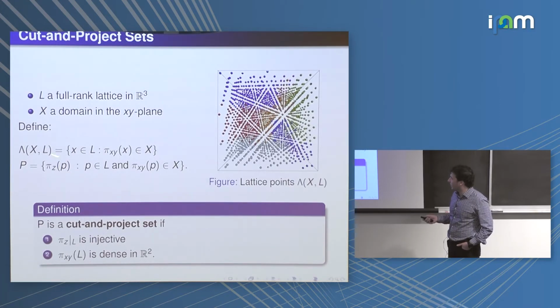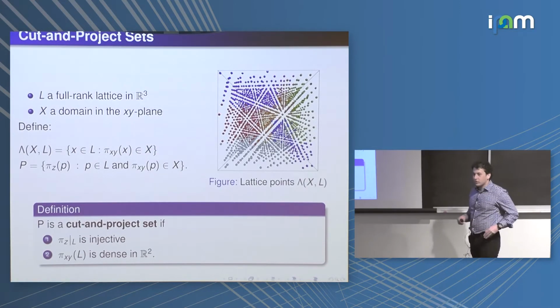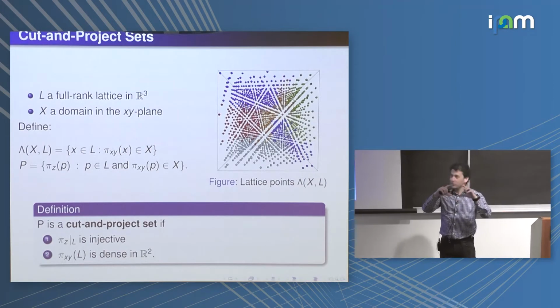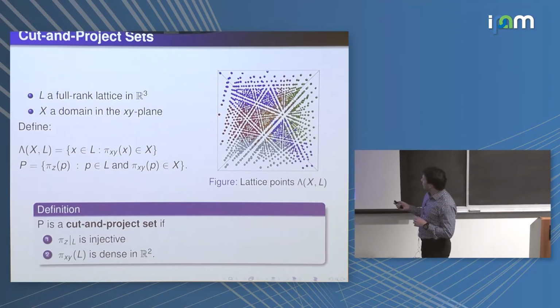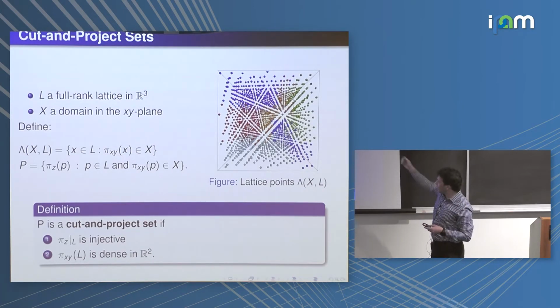Then lambda of X, L is going to be a set of lattice points which you can sort of see through your domain X. So that's what I've drawn here. You can imagine that X is a square sitting in the XY plane, and we're looking through X at the lattice, and we only see certain lattice points. So these are going to help us construct the domain exchange map.